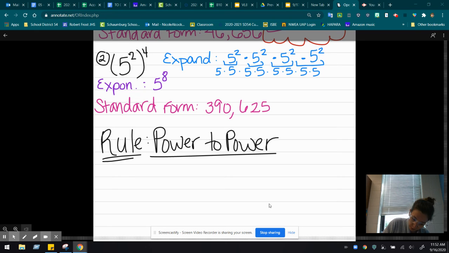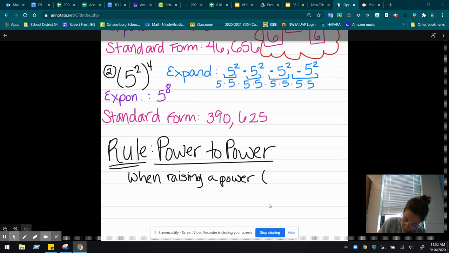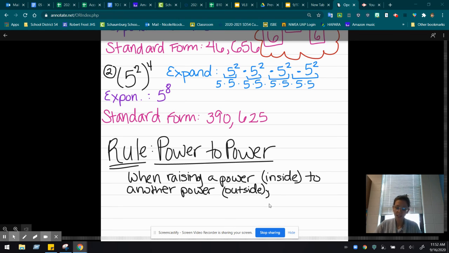That means when raising a power, which is what you saw inside the parentheses, to another power, that was outside the parentheses, what do you think we did? So take a moment and think about that.